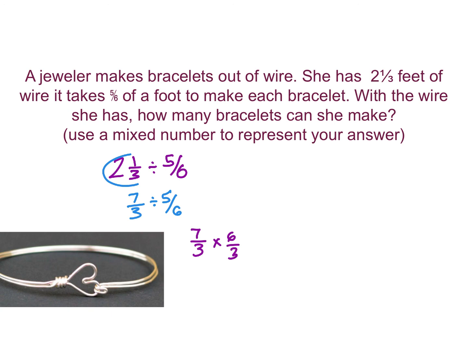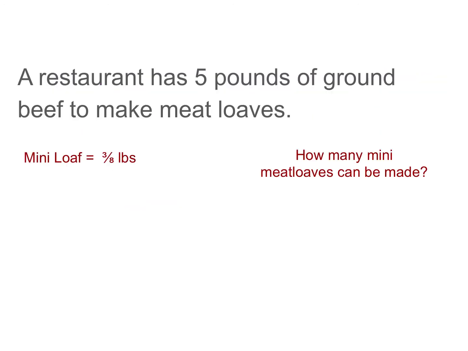I would like to make this a little bit simpler, so I'm going to divide by 3. Top times top, bot times bot. How many 3's fit into 14? 4 of them do. With how much left over? 2. So I can make 4 full bracelets, or exactly 4 2/3 of a bracelet.